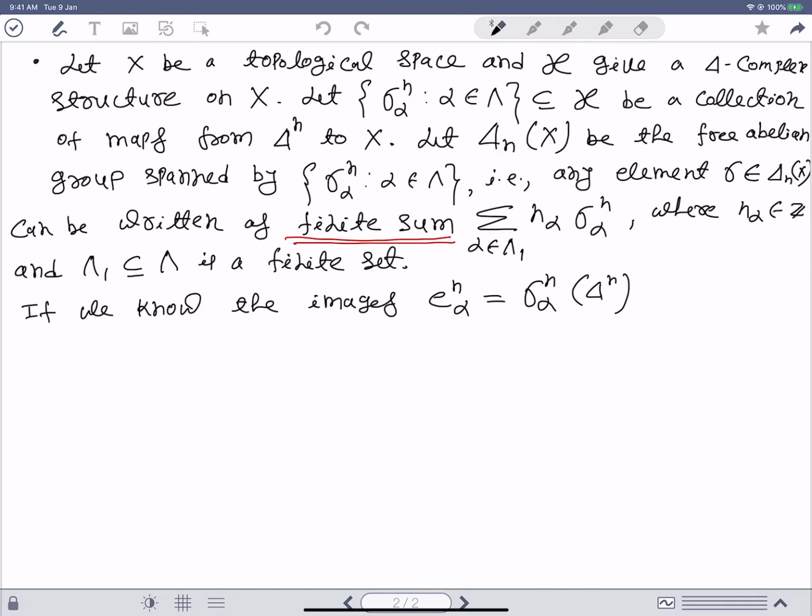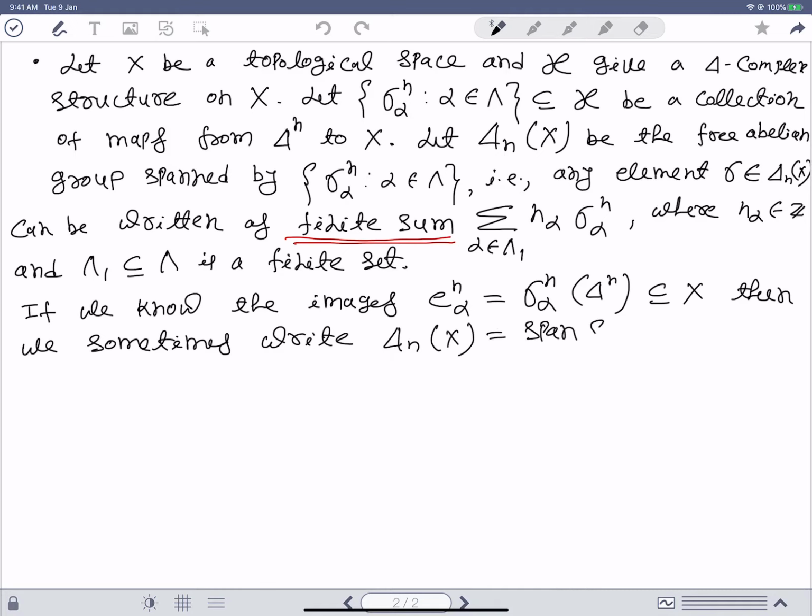So if we know the images, which are subsets of X, right, then we sometimes define Delta_n(X) as a span of these simplices, that is, the images of simplices.